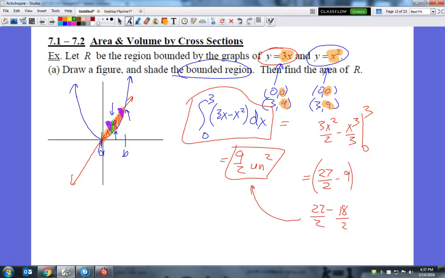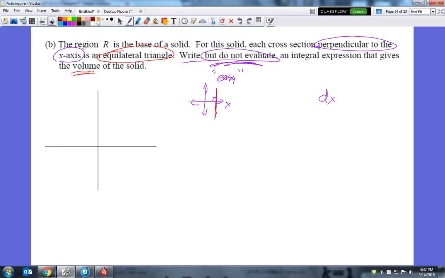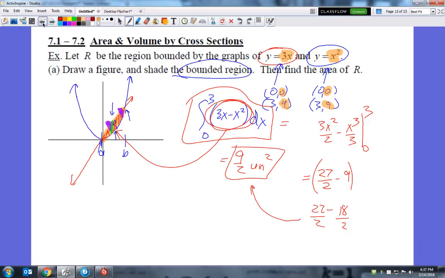That base will be the length between the two functions, which is top minus bottom. So 3x minus x squared, that's the length of that green base right there. And it's changing throughout. Okay? So the base is, first of all, I need to find A of x. And I will integrate, as I saw over here, from 0 to 3.